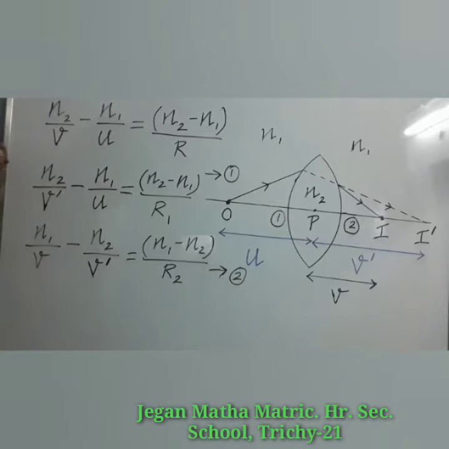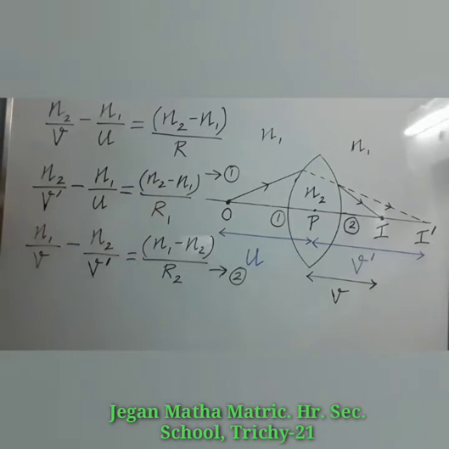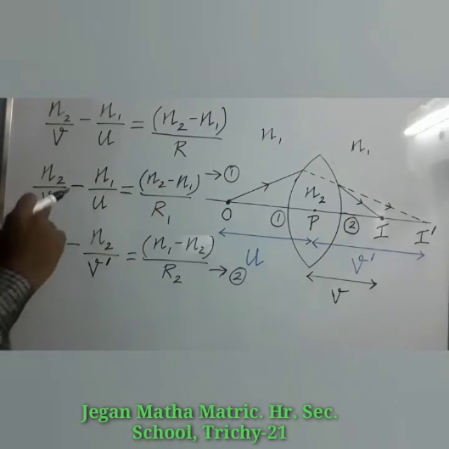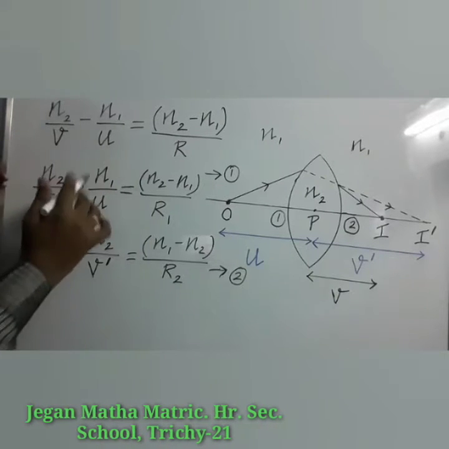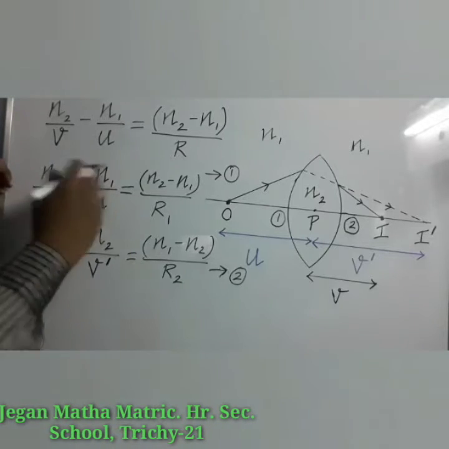Now we have two equations. Adding the two equations, we can get N2 by B dash minus N2 by B dash. So I am going to add the left side, which means both can be cancelled. What is the remaining thing?